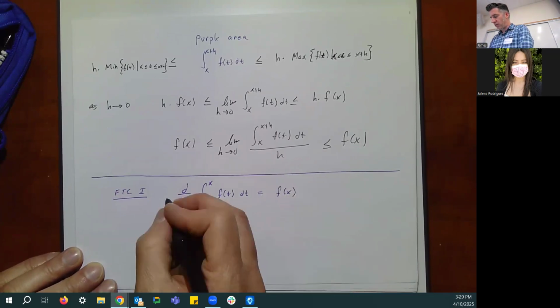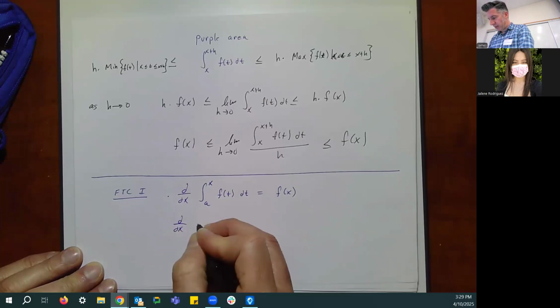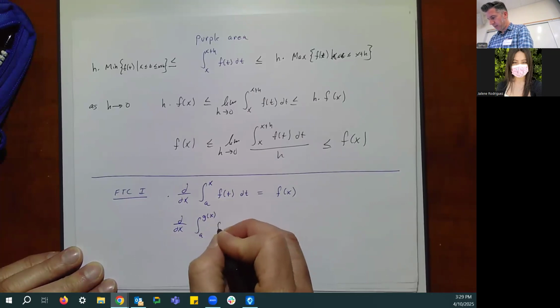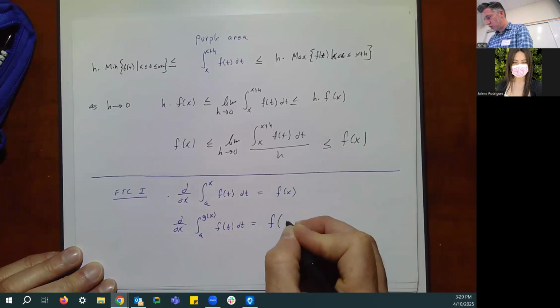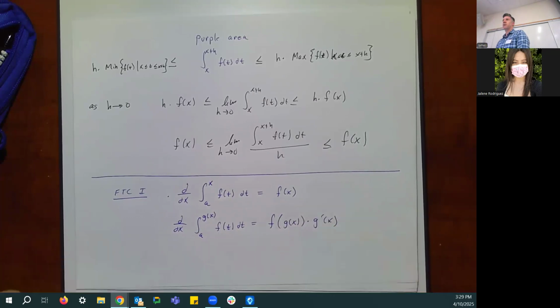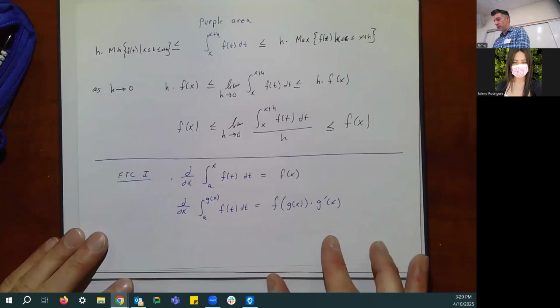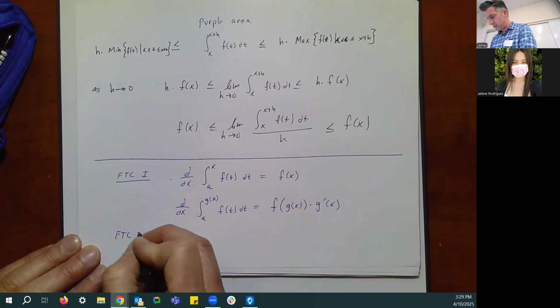I would also point out there's a more generalized version which says that the derivative of the integral from a to some function g of x of f of t dt is equal to f of g of x multiplied by g prime of x. But really, it's just the chain rule again, just like the chain rule always shows up when you learn new derivatives.